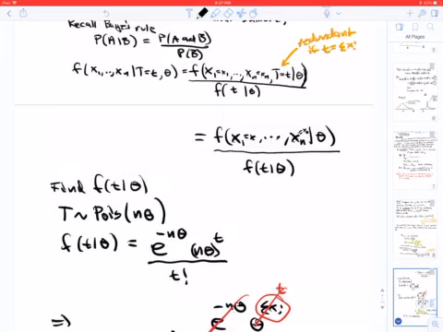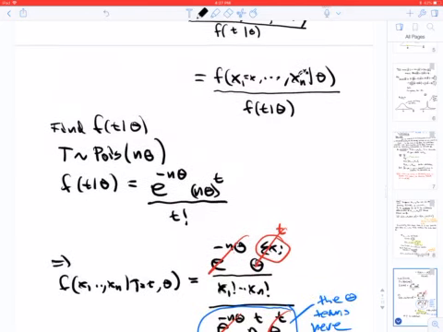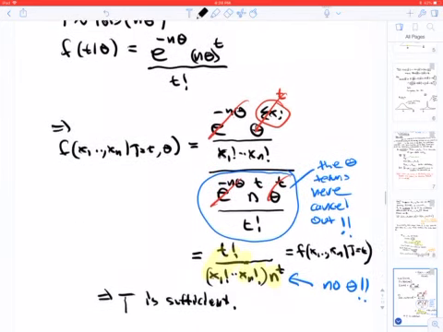Okay, so this is a calculation. So we need to find the denominator here. So the density of t, because the xi's are Poisson and t is a sum of independent Poissons, is Poisson, and then we can write out the density just following the formula for the density of Poisson.